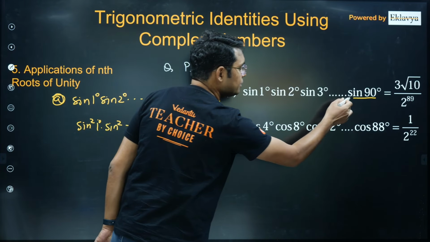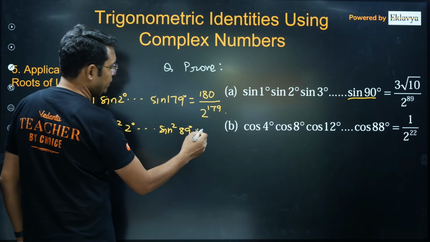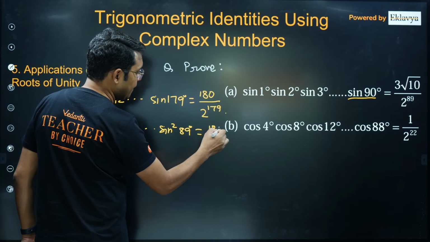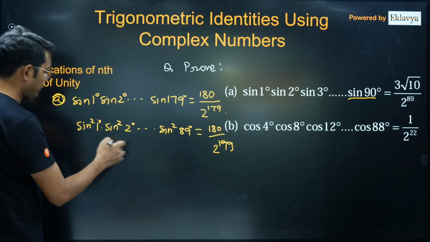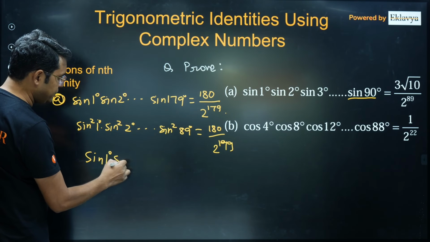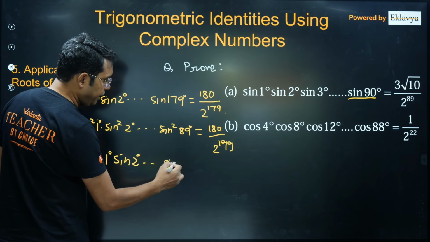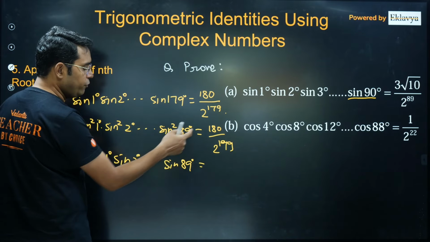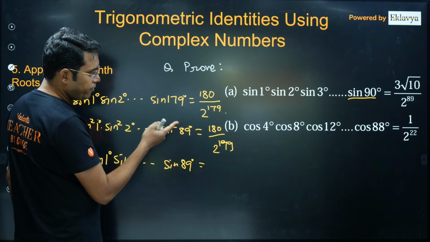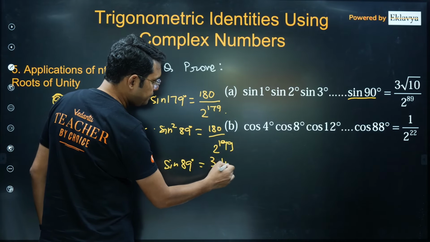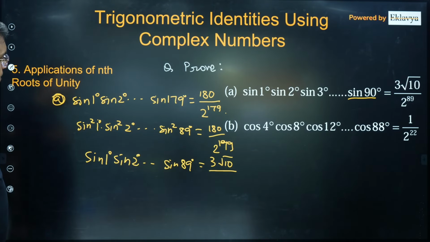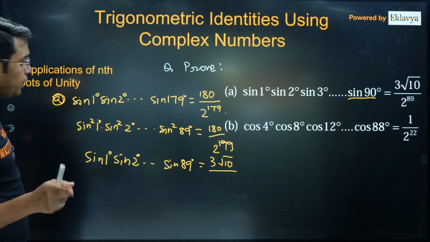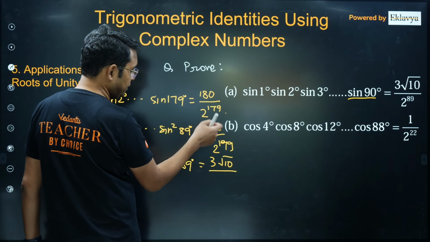In fact, here also you can think that sine 90 was not there, and that will be equal to 180 upon 2 raised to the power 179. Now we have to take the square root on both sides. So sine 1 degree, sine 2 degree, and so on, sine 89 degree will be equal to, if you write 180 as 9 into 10 into 2, so that 2 will make this power 1 less.